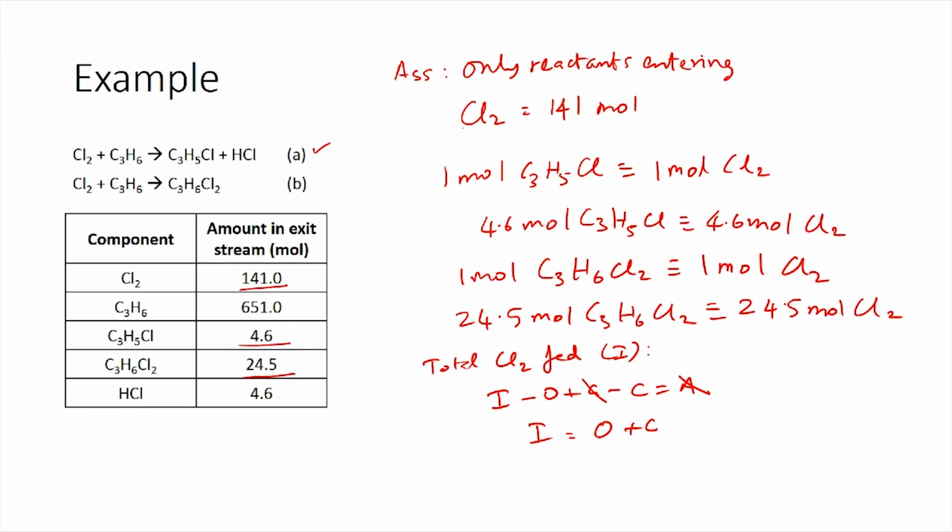So, the consumption terms are 24.5 and 4.6, and your output is 141. 141 plus 4.6 plus 24.5 would be the input, giving you a value for the input as 170.1 moles. So, this is the number of moles of chlorine which is entering into the system.